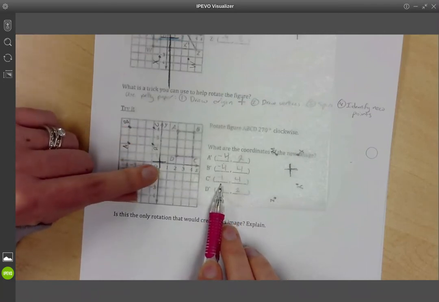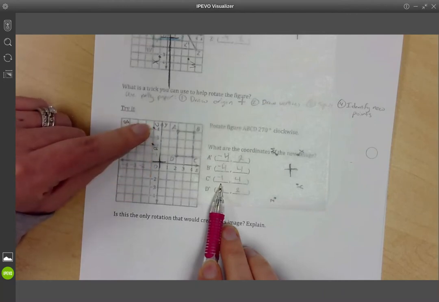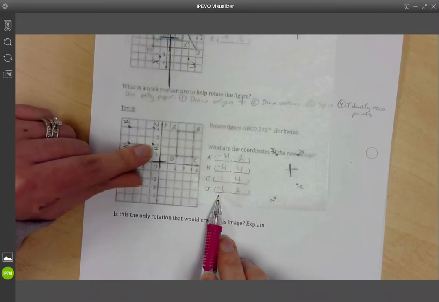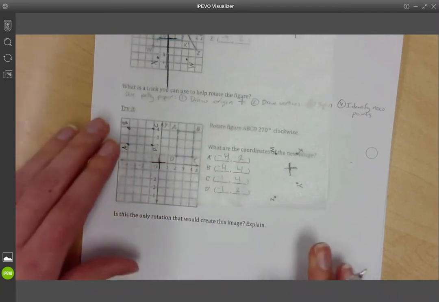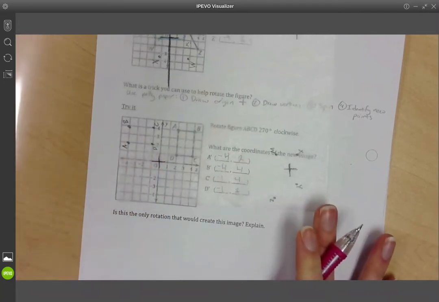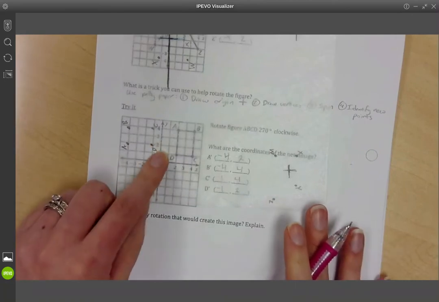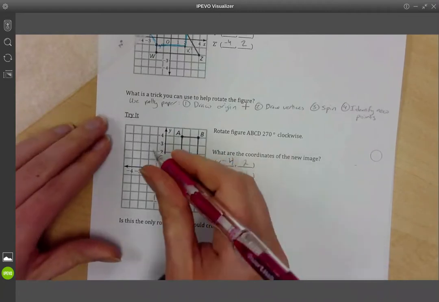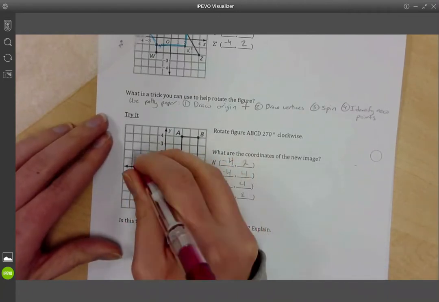I said C should be at -1, +4, there it is. And I said D should be at -1, +2. So the trick of spinning my paper got me the same coordinates as using the patty paper to spin them. Now I can graph them and show where my new points belong.